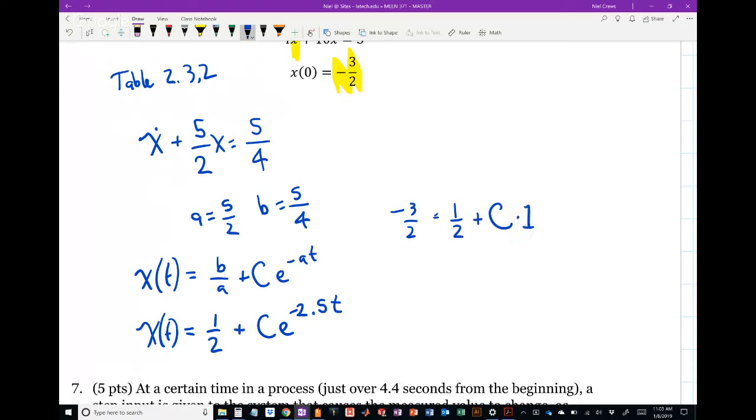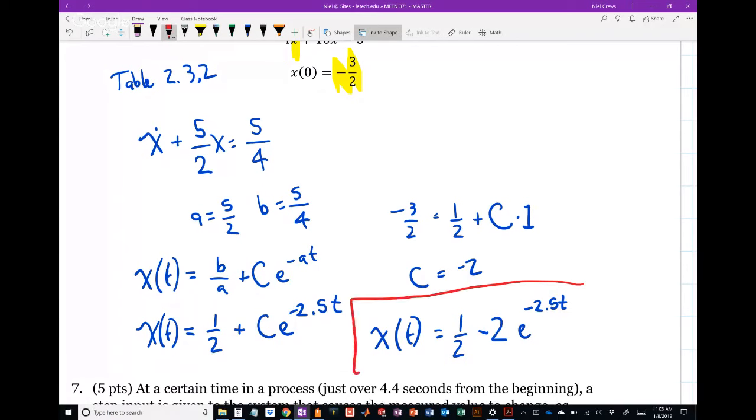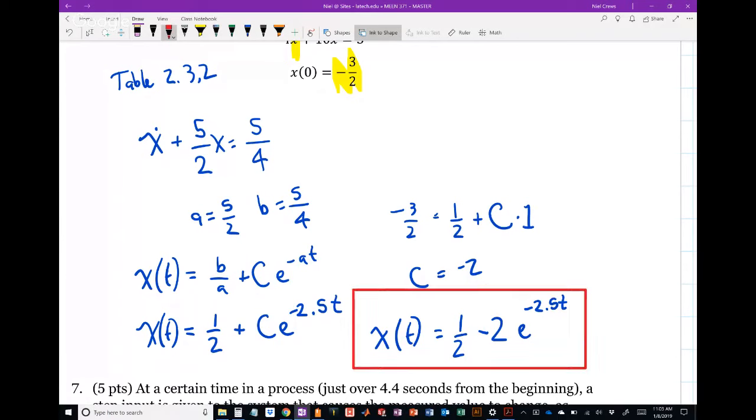Move this 1/2 over, so c is going to be negative 2, which tells us that our x of t is going to be 1/2 minus 2e to the negative 2.5 t. There we go, and so that is the equation for that.